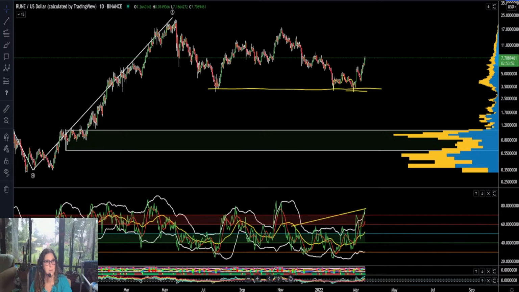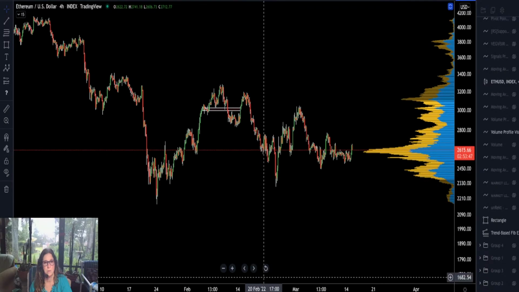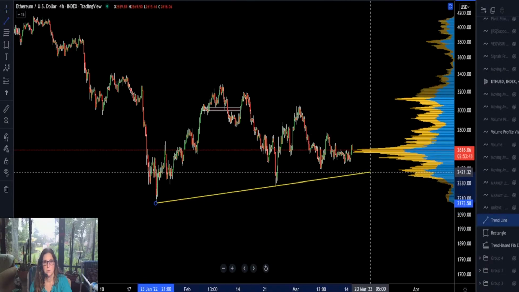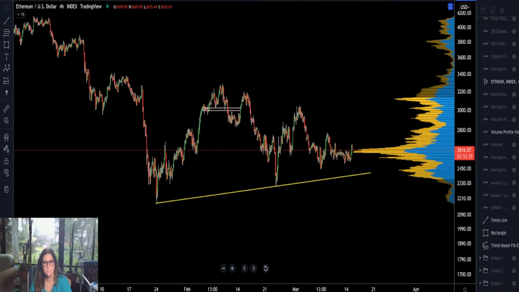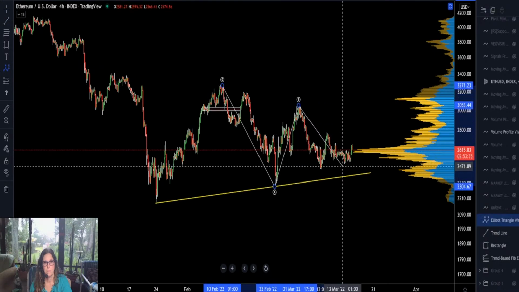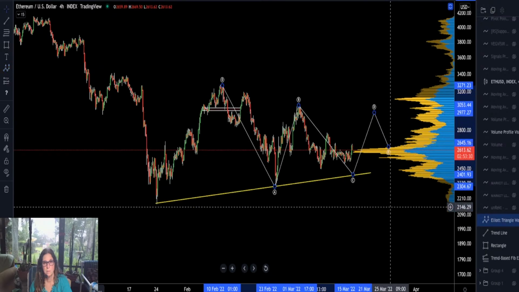ETH. So ETH's the same as Bitcoin. Exactly the same. We're trying to make triangle, hoping for triangle. Okay.